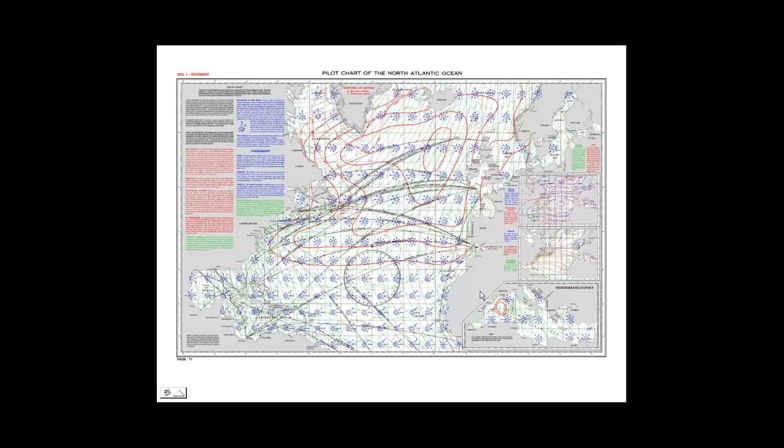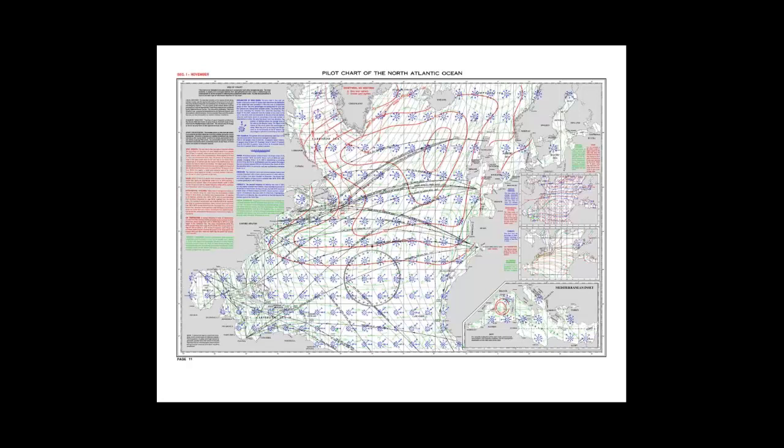Now here's a typical page. If you squint your eyes and look in the upper left-hand corner, this is for November. Remember, this is a historical summary. So there's a page like this for each month of the year, for each ocean of the world, and also the Med and also the Caribbean, places like that.